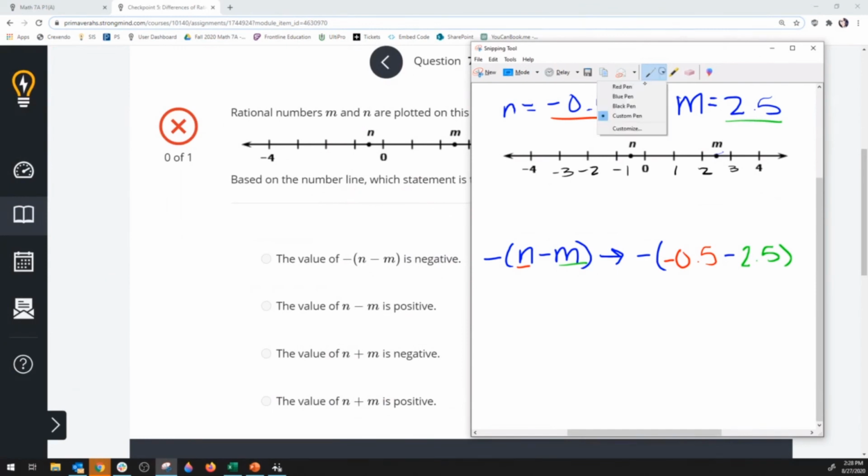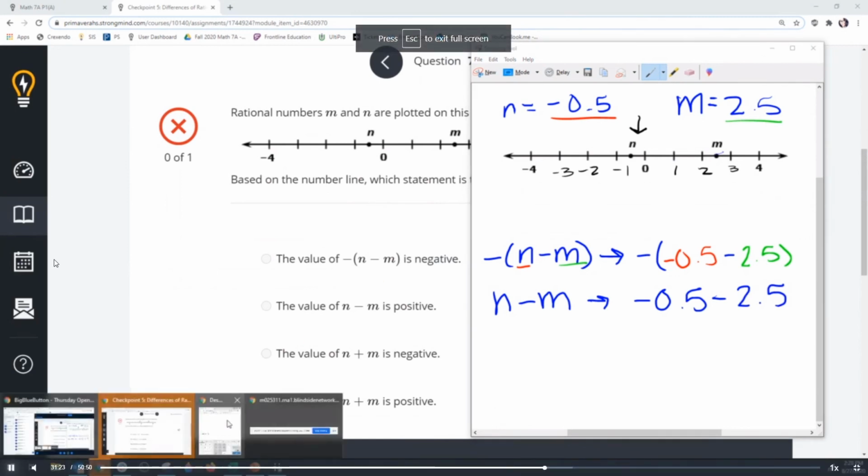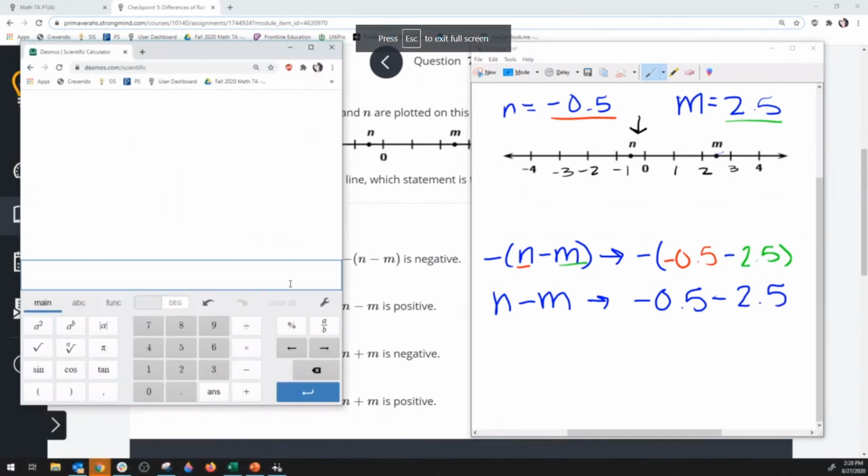On the second one, we have just n minus m. So that means I would have -0.5 minus 2.5, and we want to see if that is going to give us a positive answer. So let's try this one. I get -3, right? That is not positive, that is negative. So it cannot be the second one.